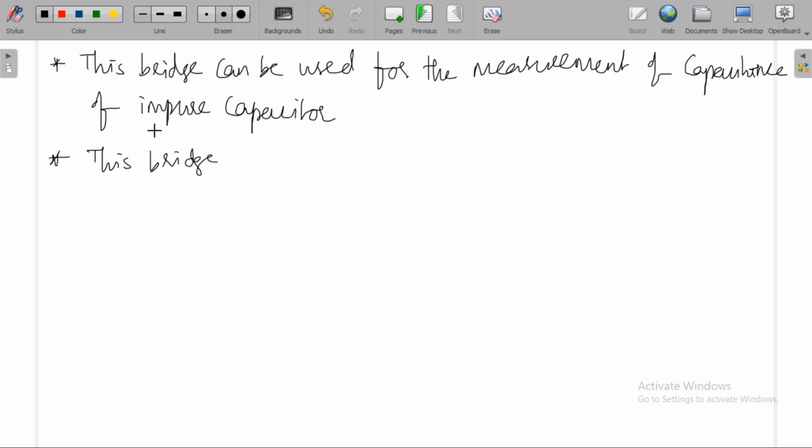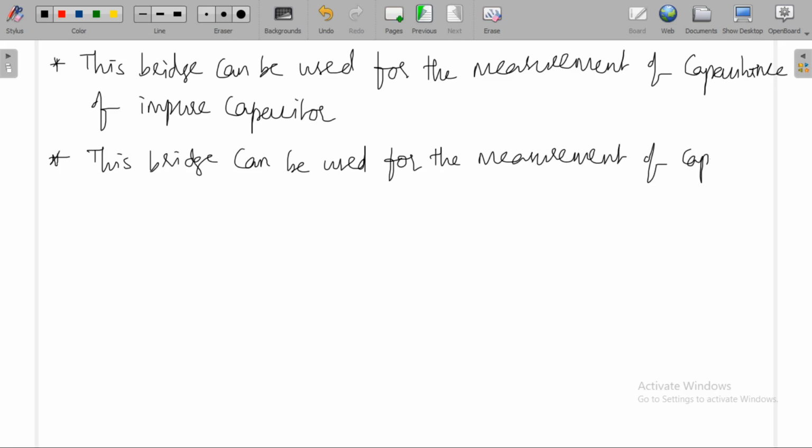The applications of this bridge: it can be used for the measurement of capacitance of underground cables.